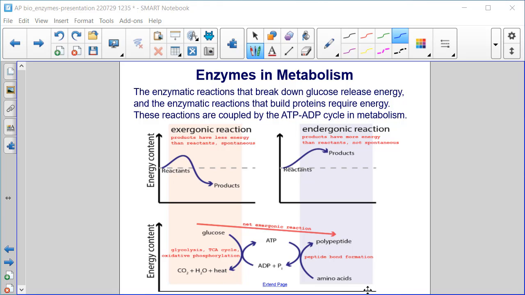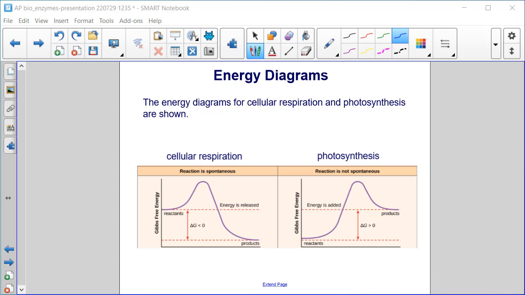Our endergonic reaction is the building up of amino acids into polypeptides through the formation of a peptide bond. There's a cycle of ATP and ADP that powers this partnership, this coupled reaction, and overall we have a net exergonic reaction or release of energy.